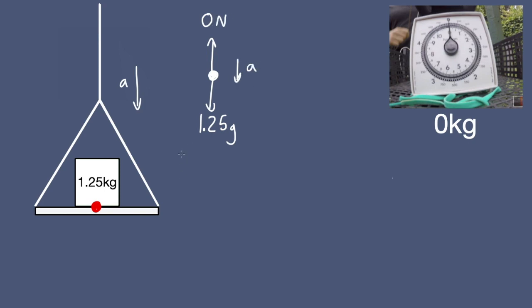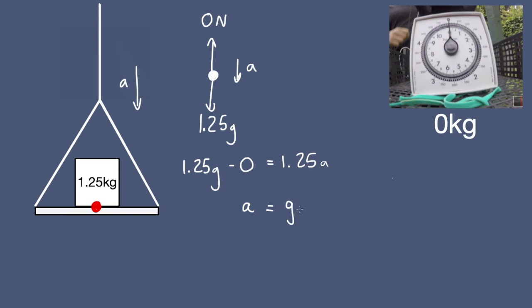So using F equals ma again, resolve downwards, 1.25 g minus 0 equals 1.25 times by the acceleration. So in this case, the acceleration is 1.25 g divided by 1.25.